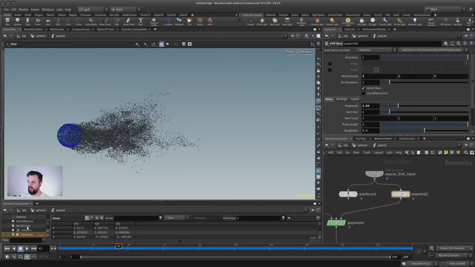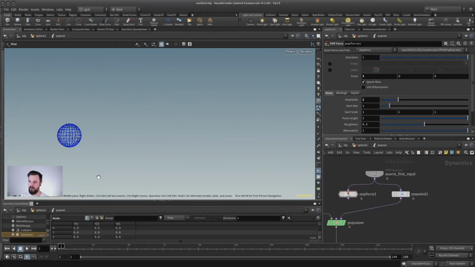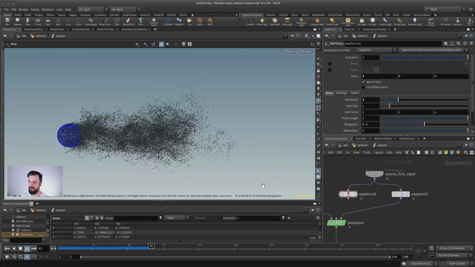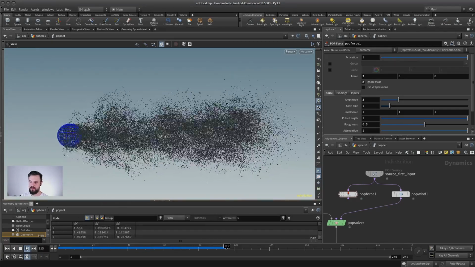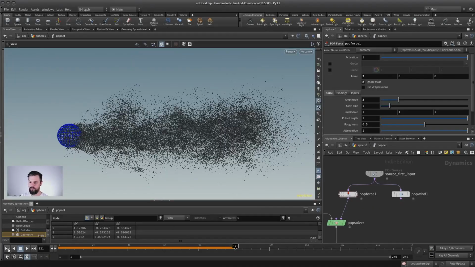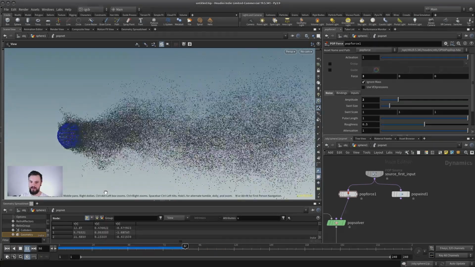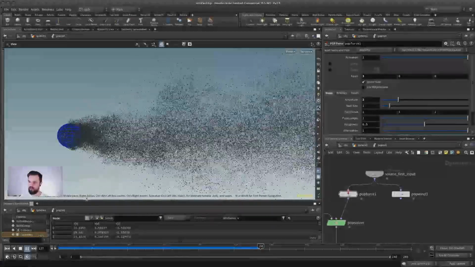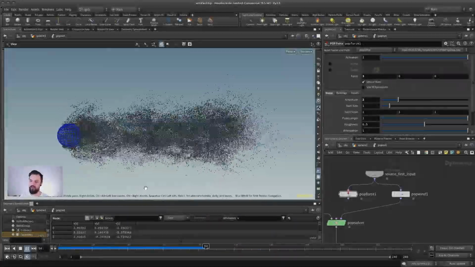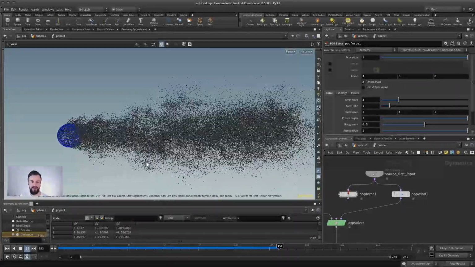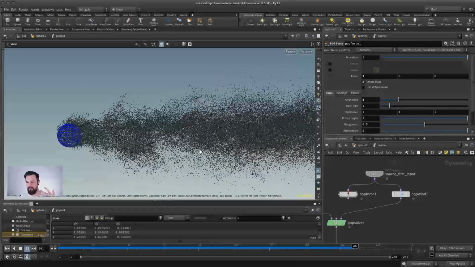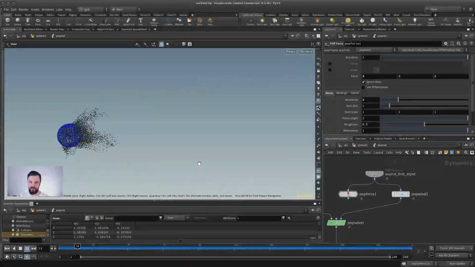So if we use the same numbers here, so both now use the same numbers, you can see that the pop wind feels very different to the pop force with these exact same numbers. One is constantly accelerating and the other one is trying to just reach a certain point. And the pop wind often feels a lot more natural, because basically what it also kind of mimics in a way is something like air resistance.